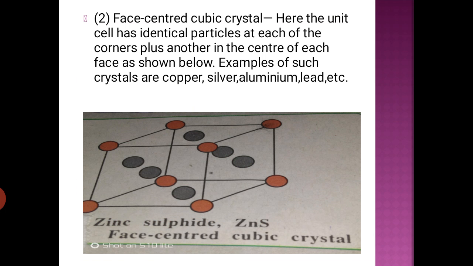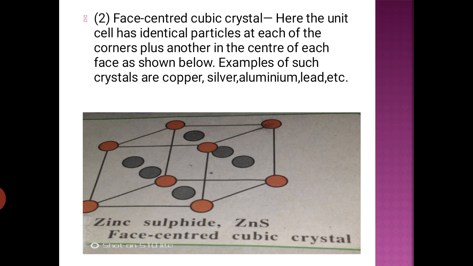Now, the second arrangement, face-centered cubic crystal. Here, the unit cell has identical particles at each of the corners plus another in the center of each face, as shown below.